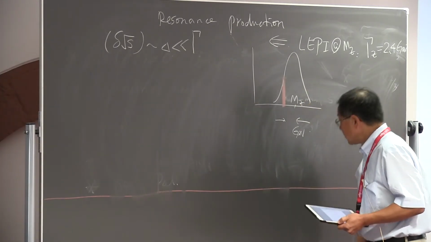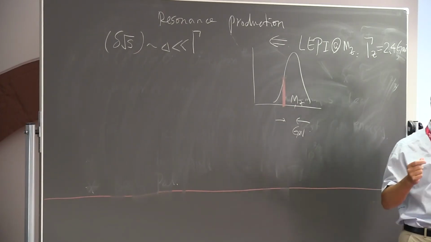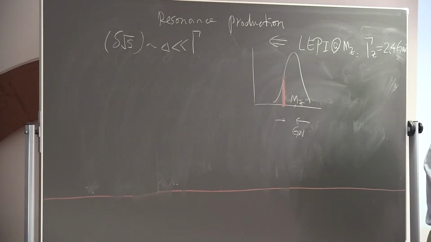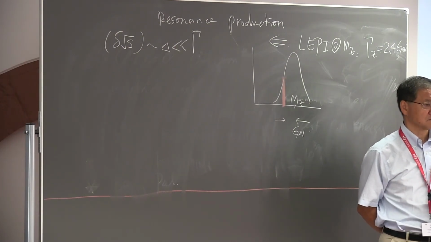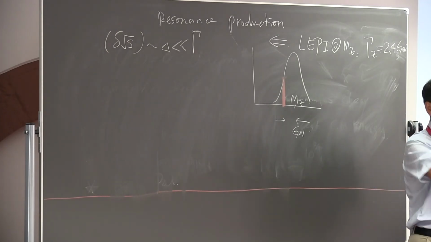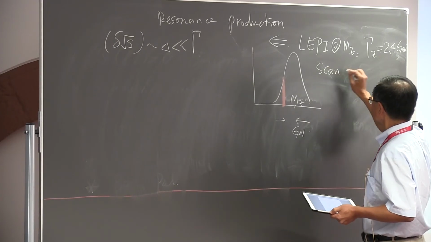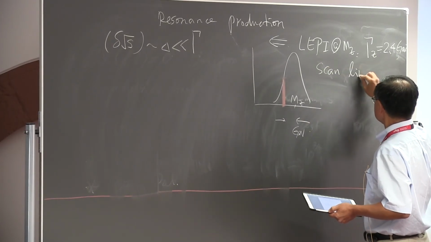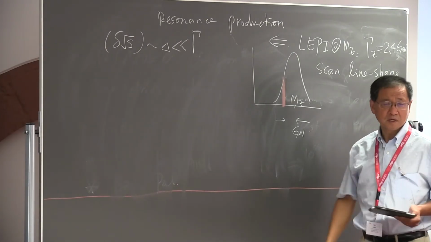So you can tune your machine at 100 MeV here, 200 MeV there, 300 MeV there. You can scan. That's what they did. That's how they measured the Z width in a model independent way. No matter what theory, who cares if it's a Z or something else? You find a resonance, measure the line shape. So they scanned the line shape of the Z, and they did.